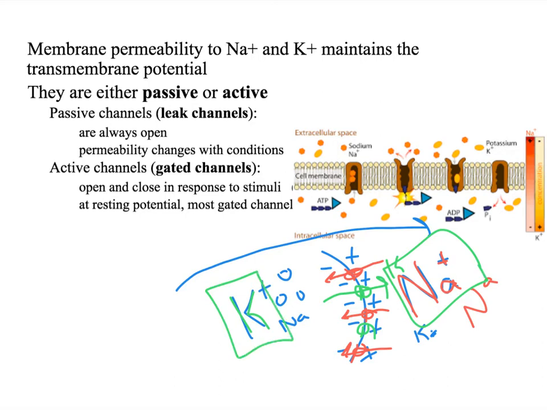And that happens through active transport through the sodium. In fact, let me go ahead and write that right here because it's not printed on the side. The sodium potassium exchange pumps. So we'll discuss those a little bit more in future slides.